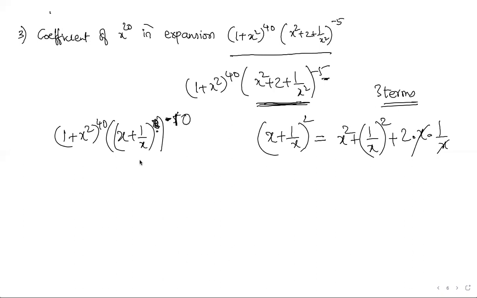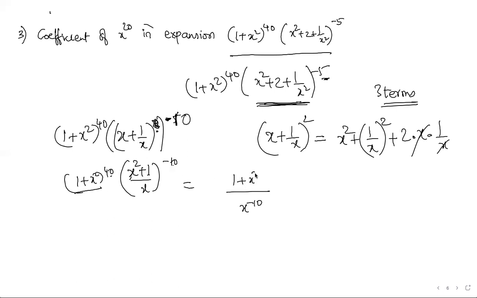Okay, so if you take LCM in the bracket, it will be x square plus 1 by x whole power minus 10 into 1 plus x square whole power 40. So if you leave x power minus 10 in the denominator, and if you see it's 1 plus x square whole power 40 into 1 plus x square whole power minus 10, it's nothing but 1 plus x square whole power 40 minus 10, right?